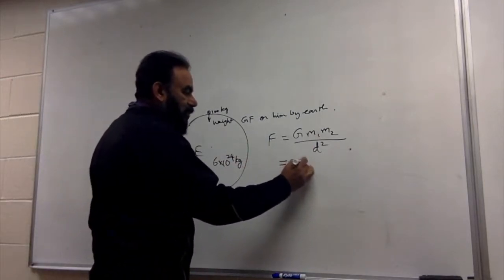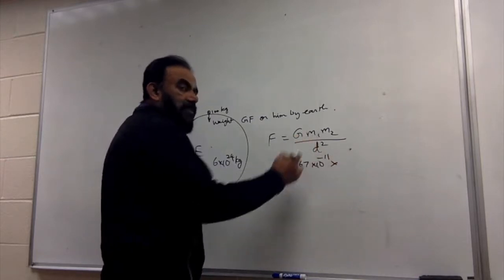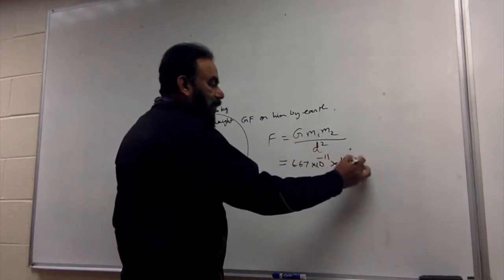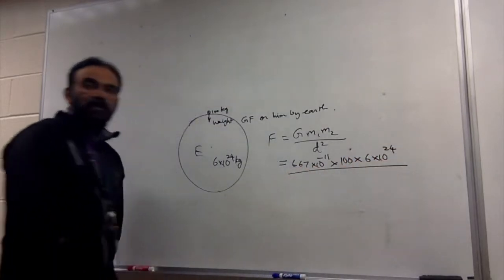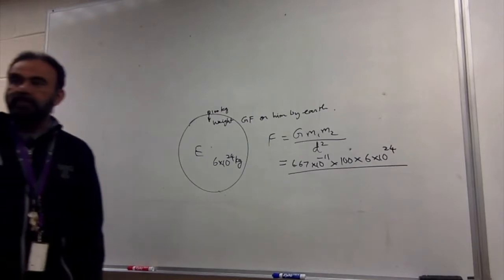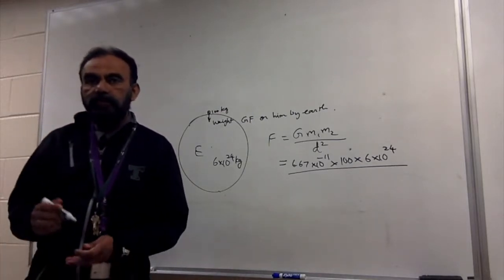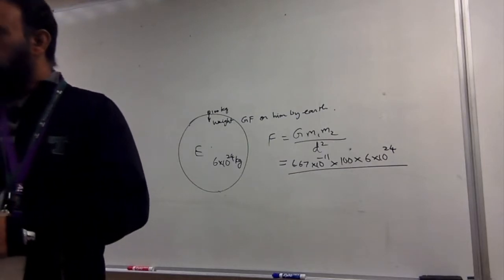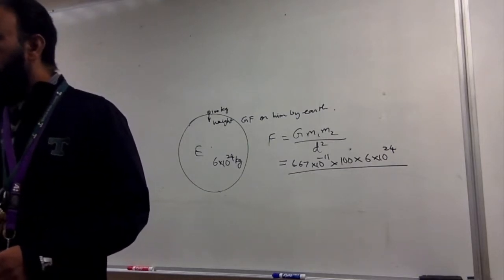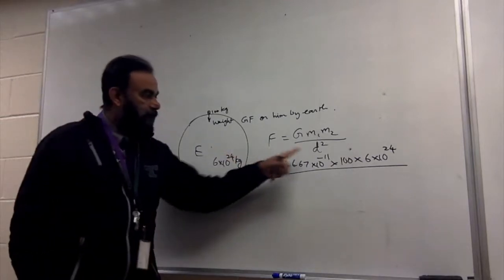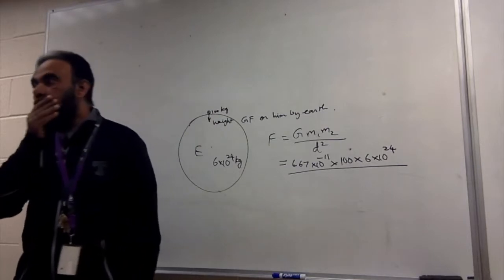G is 6.67 times 10 to the power minus 11 times m1 is 100, m2 is 6 times 10 to the power 24, over how far is he separated from the Earth? What did I say D was in the previous diagram?